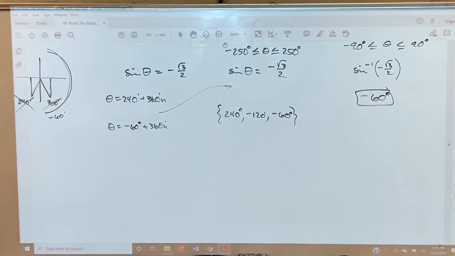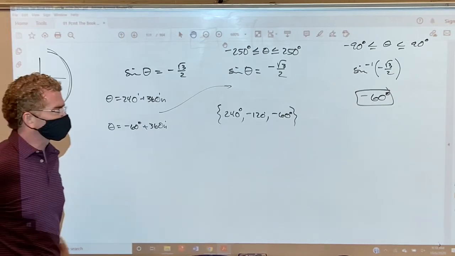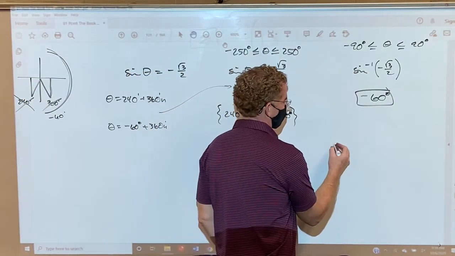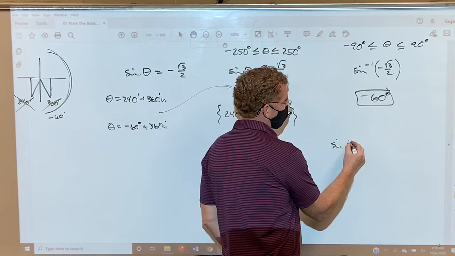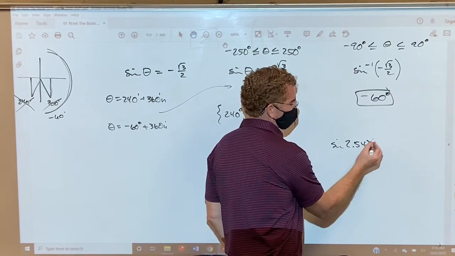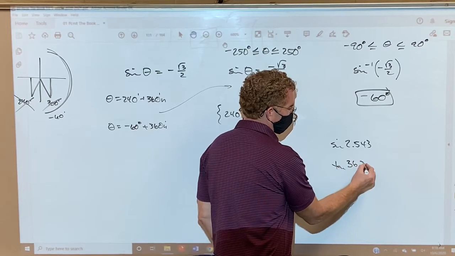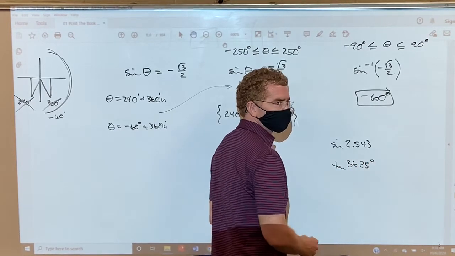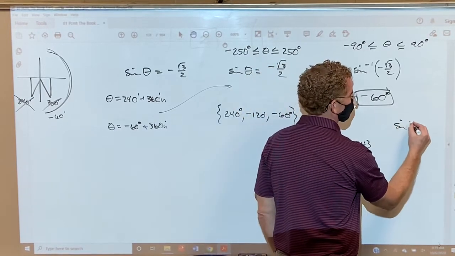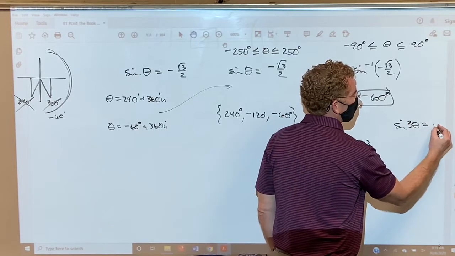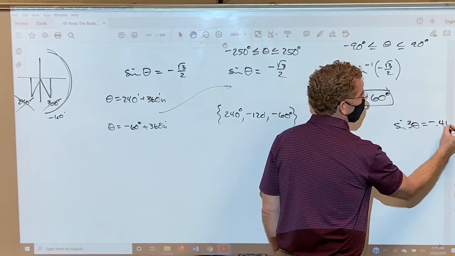Yeah? What will and won't we be able to use a calculator on? You're going to use your calculator to solve stuff like sine of 2.543 radians, or tangent of 36.25 degrees, or solving equations like sine of 3 theta equals negative 0.4165.